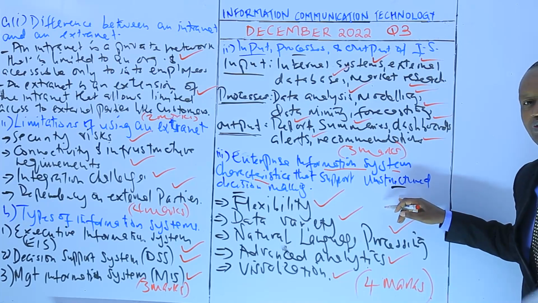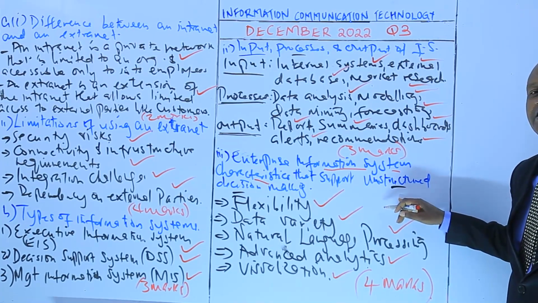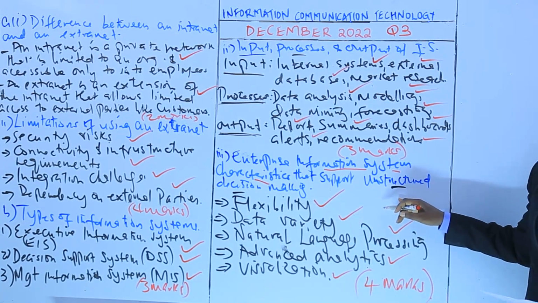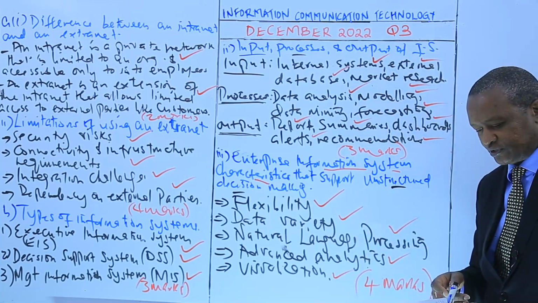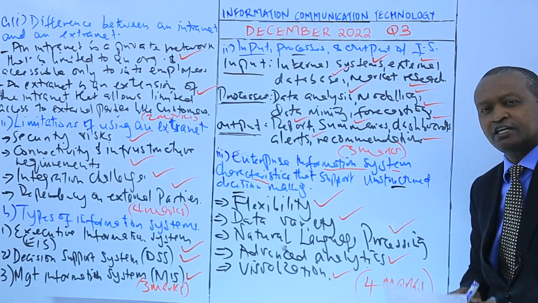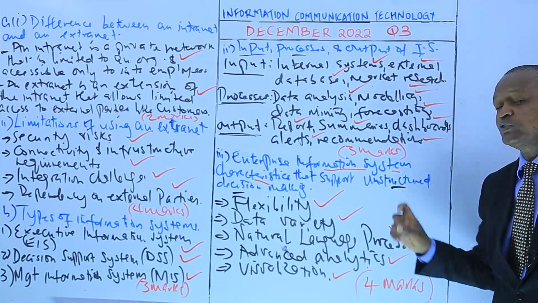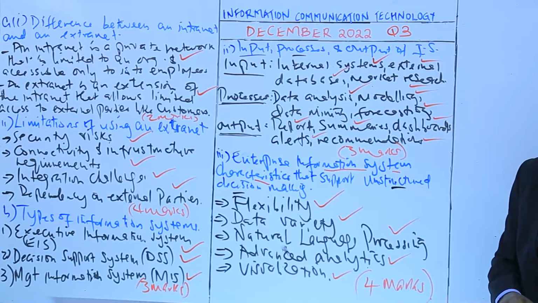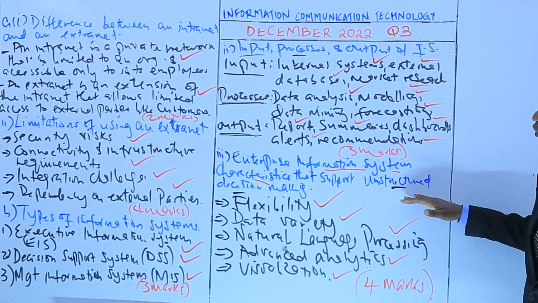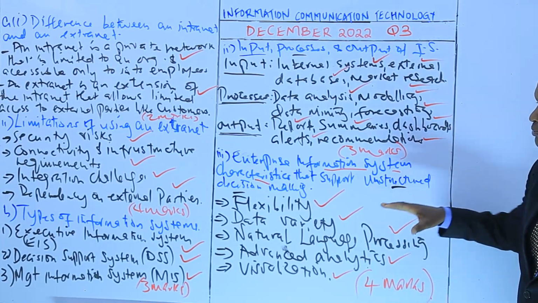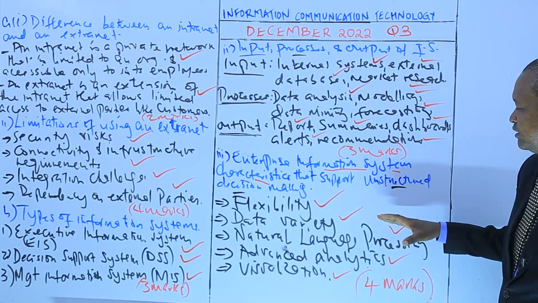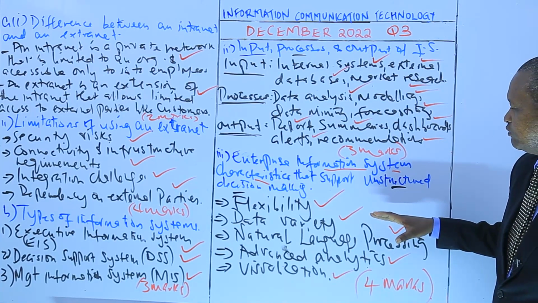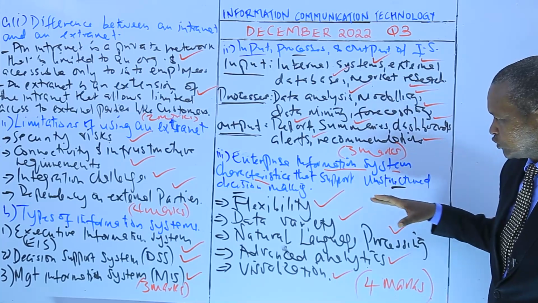If I ask you to give 4 examples of information systems that support unstructured decisions, what will be your answer? So I'm going to give you a few examples to help you understand the idea.